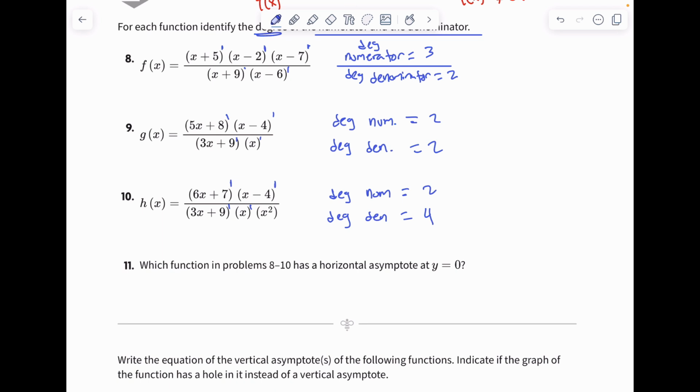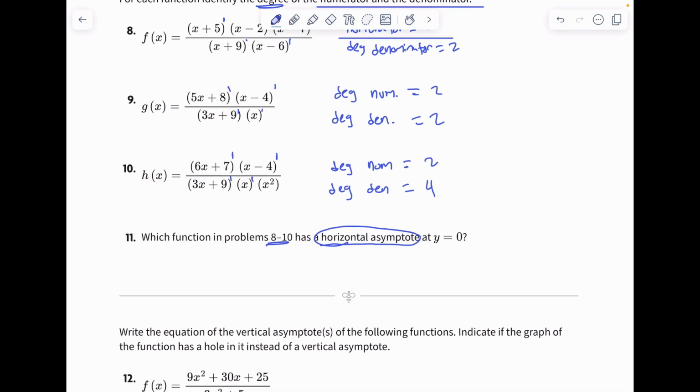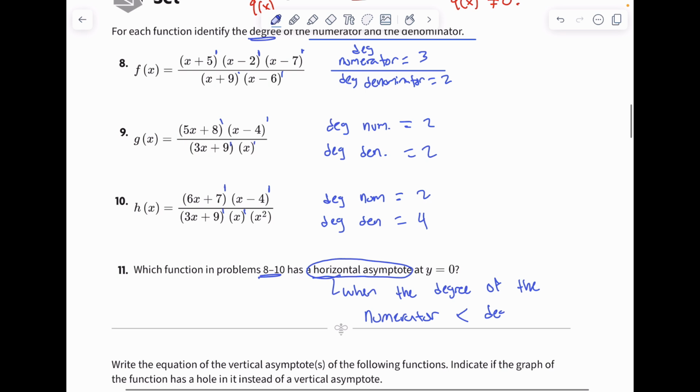So which functions in problems 8 to 10 has a horizontal asymptote at y equals 0? Okay, so remember that a horizontal asymptote happens when the degree of the numerator is less than the degree of the denominator.